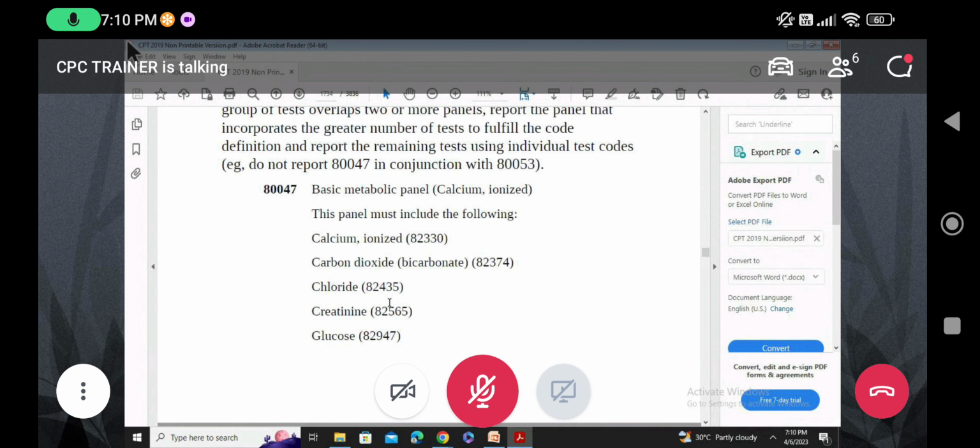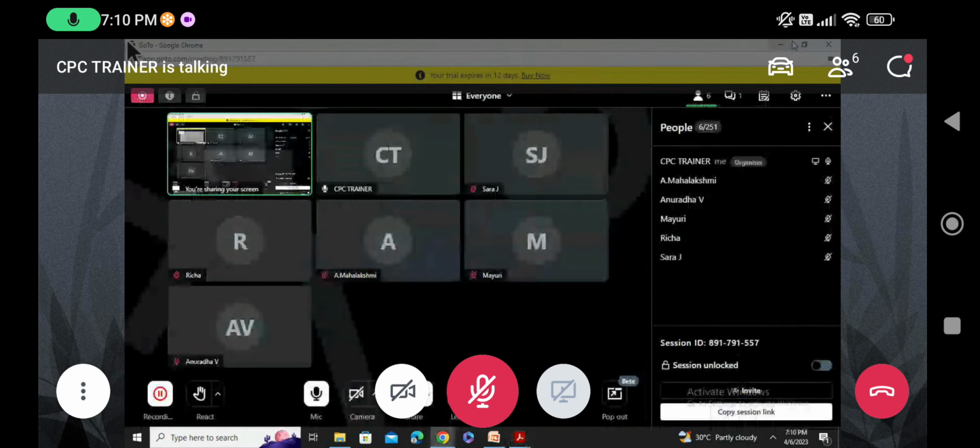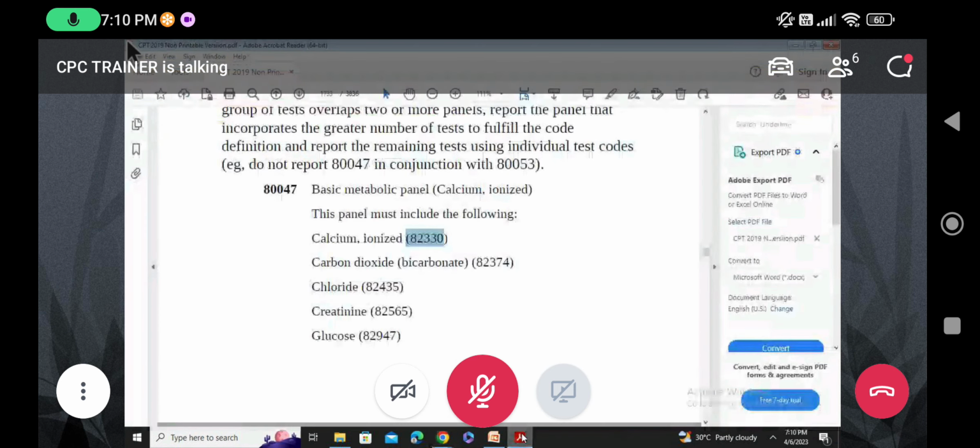Now your answer is this missing code 82330 along with the comprehensive metabolic panel 80053 that you have to use. That's all, guys. So your answer is 80053 comma 82330. That's all, guys. This is panel coding.